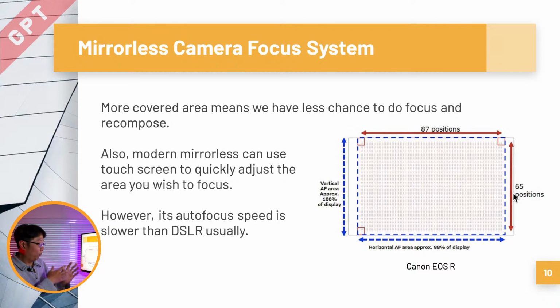And for this one, Canon will do the job to tell you that you don't have to worry too much, because you cannot really select a precise point. It will use a few of them, maybe a group of 4 or 16, more like a square, and then calculate the average focus range of the object. Later on, we'll explain why there will sometimes be a problem with this kind of arrangement.